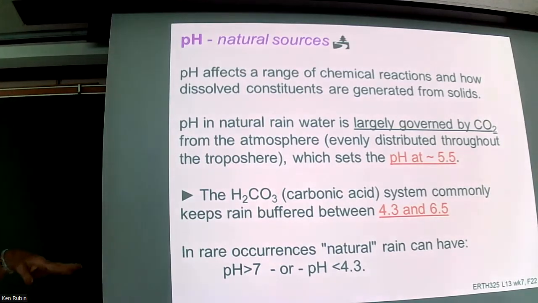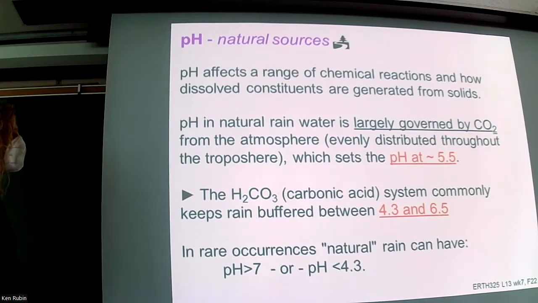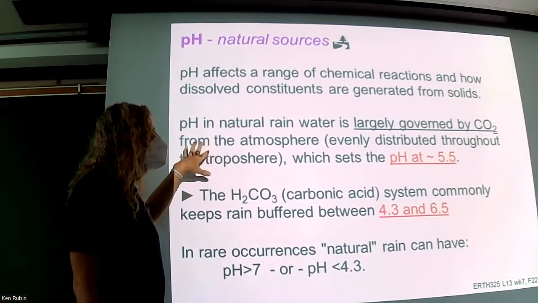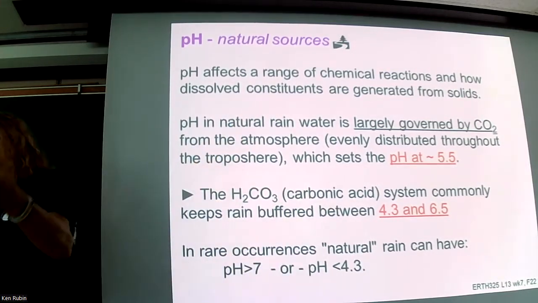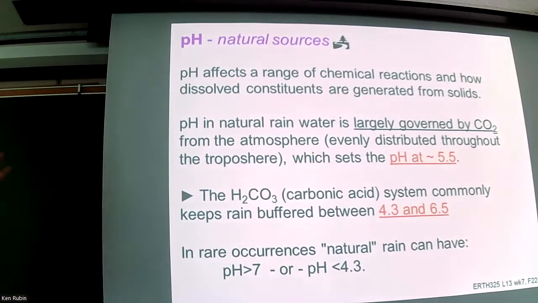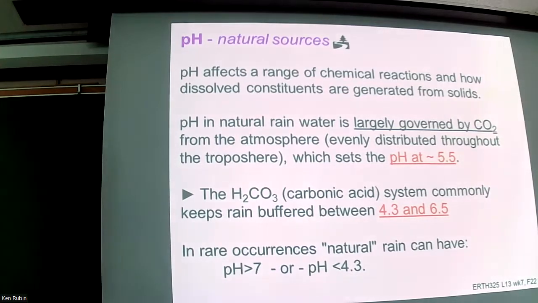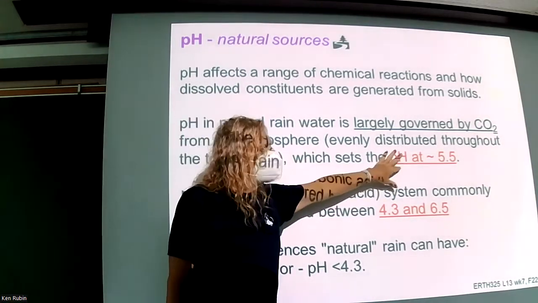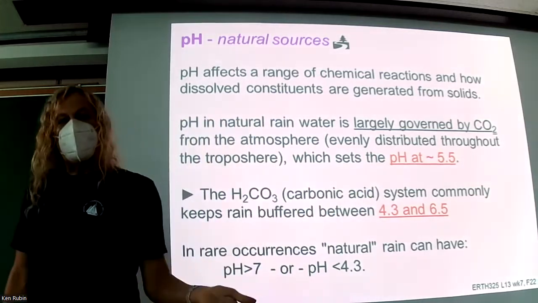It's not completely zero, but we don't have very much effect on atmospheric water acidity from biological activity, primarily by CO2. And CO2 sets a typical pH. This pH is dependent on things like the solubility and the temperature, and whether there are any particles in the atmosphere that are basic or acidic. So it can vary, but a lot of rain is typically around 5, 5.5, something like that.